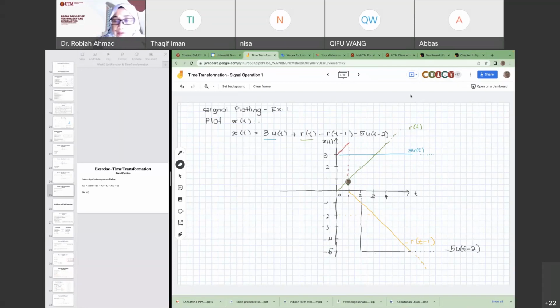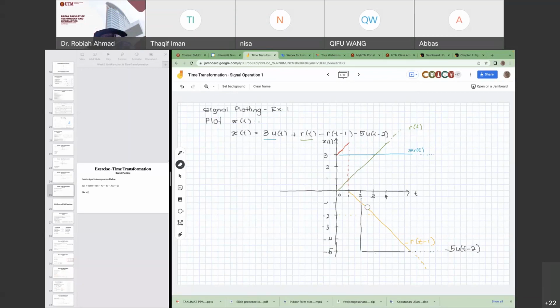Okay, so the red one is x(t), and then what happened? This is the example that we wrote earlier. So when we have this one and this one, they cancel out, but then we still have the step input.